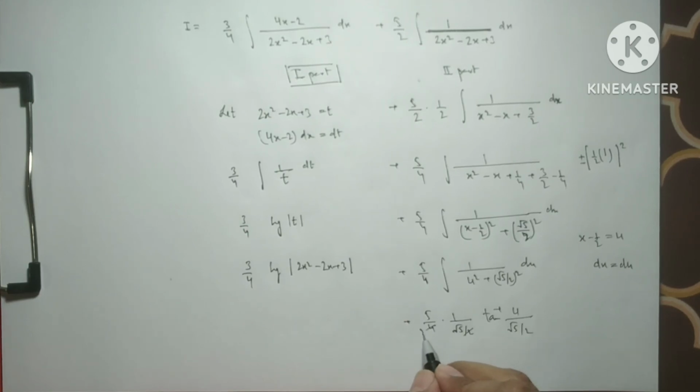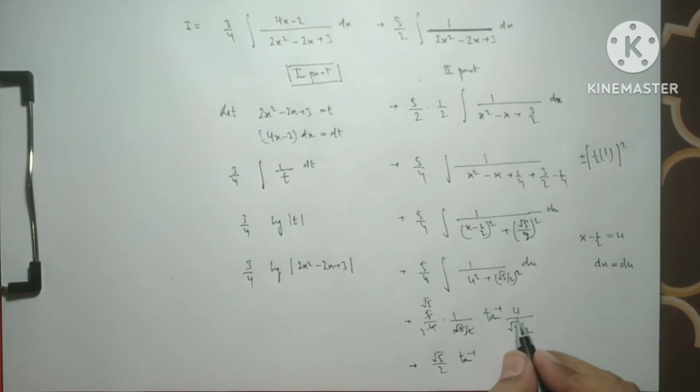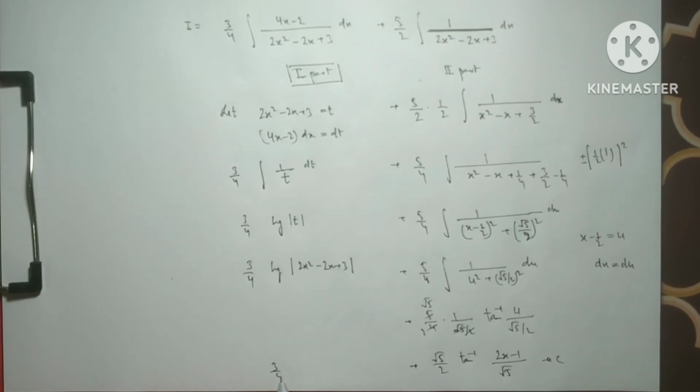So it is 2 root 5 over root 5, tan inverse, u is 2x minus 1 over root 5, and this is 3 by 4 log 2x square minus 2x plus 3. Answer.